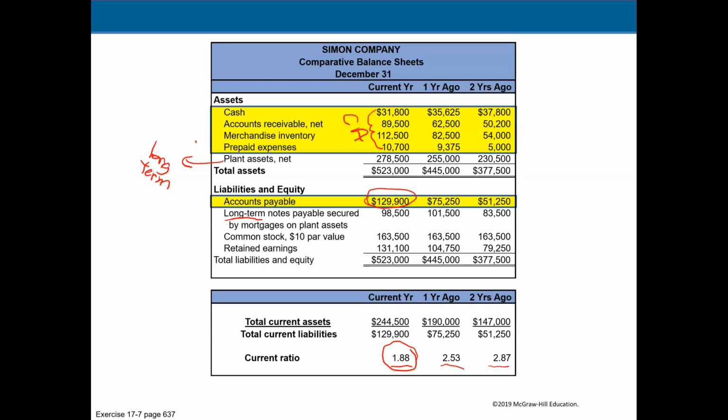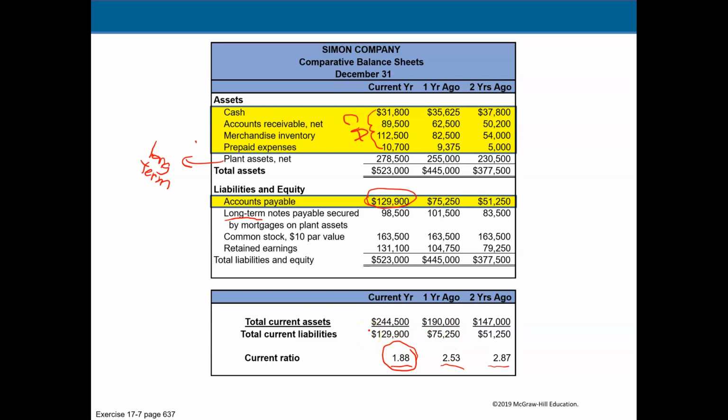You want to find out, okay, what is different? So let's just take a second to look at that. Current assets increased, so they purchased a lot more or they have a lot more cash. But their current liabilities have increased at a higher rate than their assets.